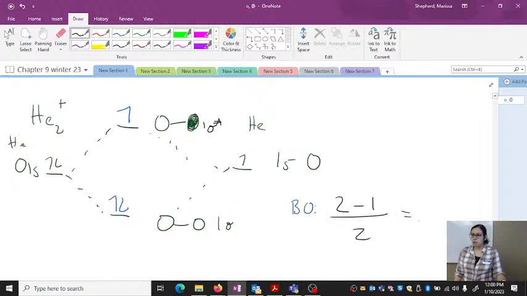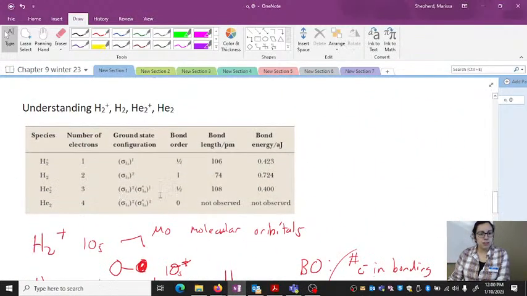So what does that give us for our bond order? So 1/2. So again, probably really weak interaction. I assume this only exists in the gas phase anyways. And just double checking, yeah. And again, that's what we're showing here. So notice 2 occupied in our sigma 1s bonding, 1 electron occupied in our sigma 1s antibonding.